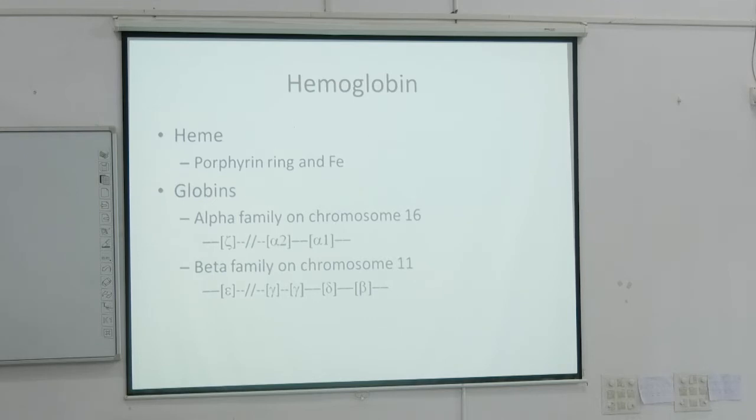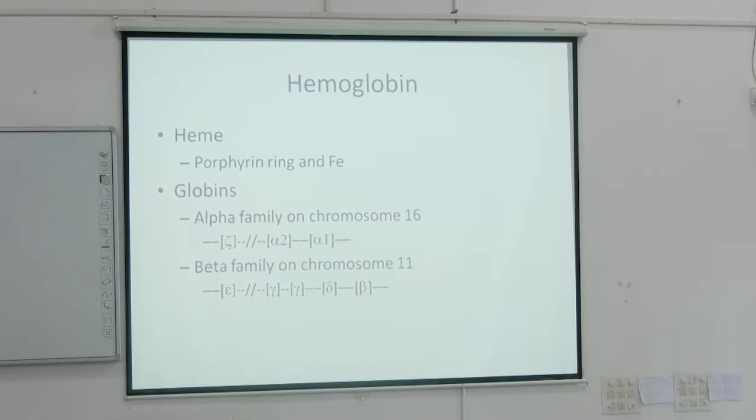If you don't listen carefully, you will not be able to understand when you go through it afterwards. Please be careful. Zeta, alpha 1 and alpha 2, but there is no beta 1 and beta 2. That means there are two copies of the gene producing alpha chain, but only one copy of the gene producing beta chain, one copy producing delta, two copies producing gamma, but one of the gamma is not functioning properly, and one copy of the epsilon gene.